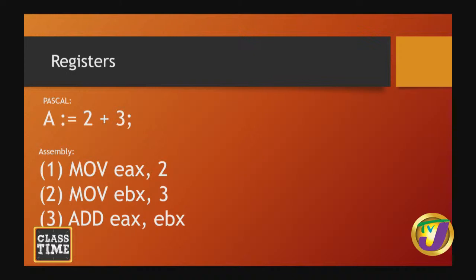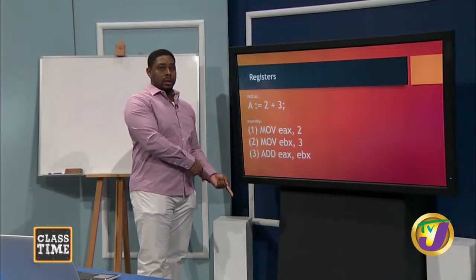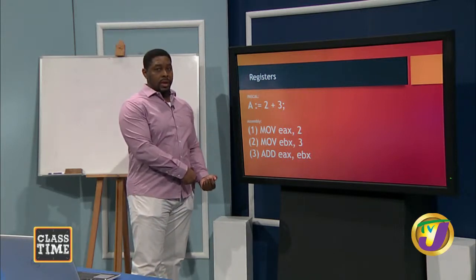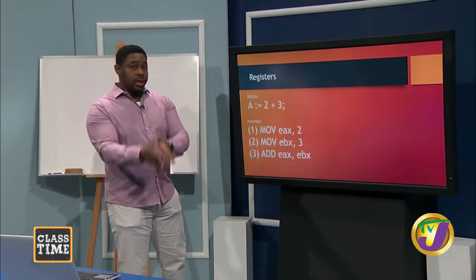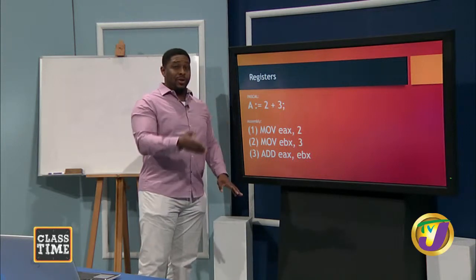When that happens, you might have a situation where the number 2 is moved to a register. Then the number 3 is moved to another register. And then an addition takes place between both registers, wherein the total is placed in the first register.